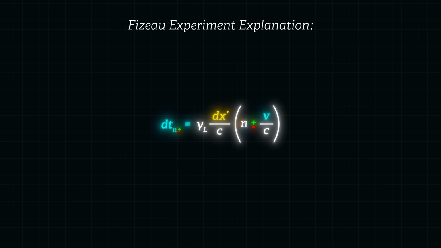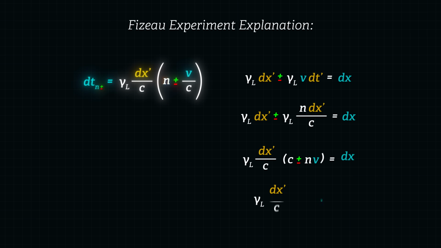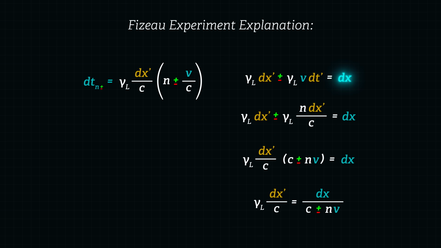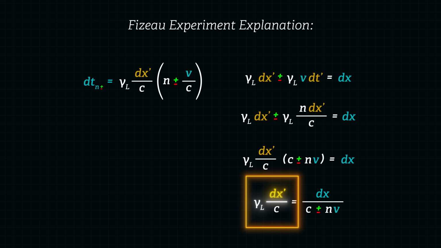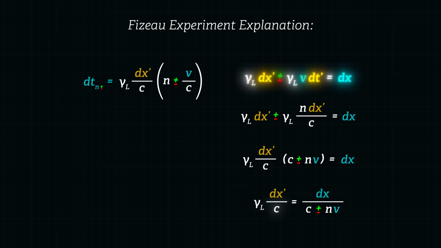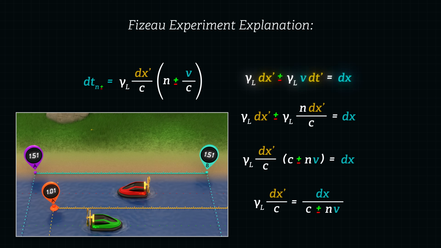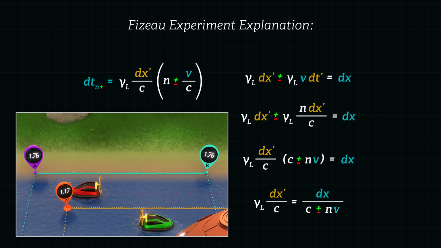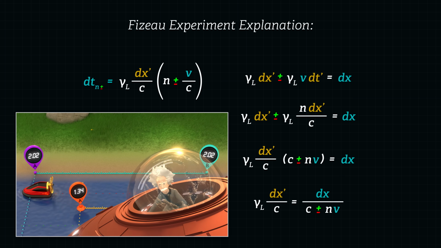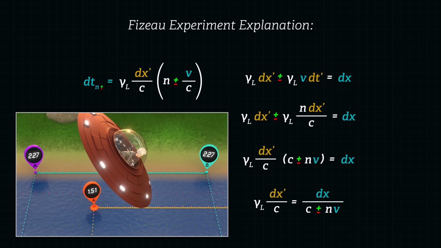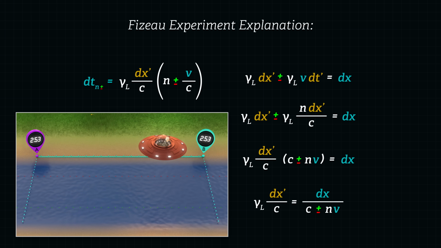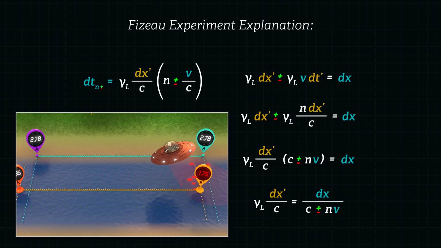We can first take our time formula and then rewrite it in terms of dx by using Lorentz's stationary frame distance transform to solve for gamma times dx prime divided by c. The Lorentz transform for distance in the stationary frame is valid here since clocks report the same time of day in the stationary frame. It is only in the moving frame that we need to be cognizant of clock offsets.